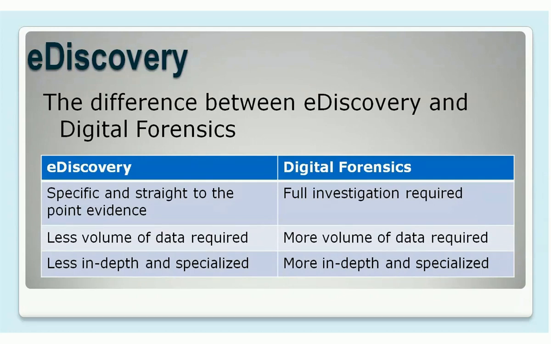But in the case of digital forensics, it's likely that you might not know exactly what you are looking for. So a full investigation will be required. That might involve a wider range. You don't have a specific target evidence, target ESI. So you might have to go through all the ESI before you get to know what may have transpired or what exactly you are looking for.